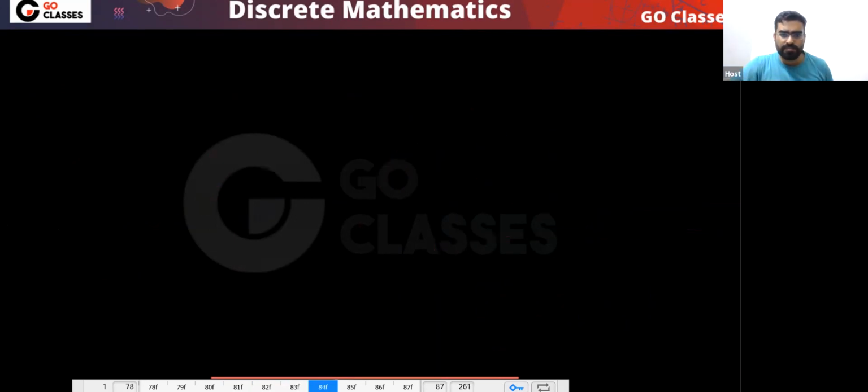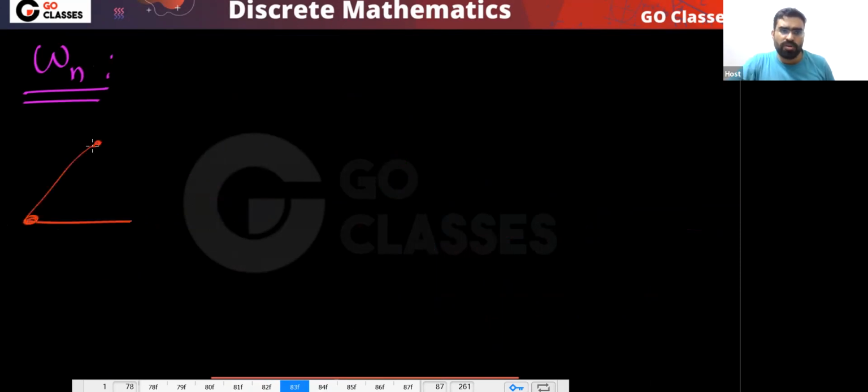Very simple. And what about this wheel graph? Wn. Wheel graph on n plus 1 vertices. For example, this is your W3. And this is your W4.